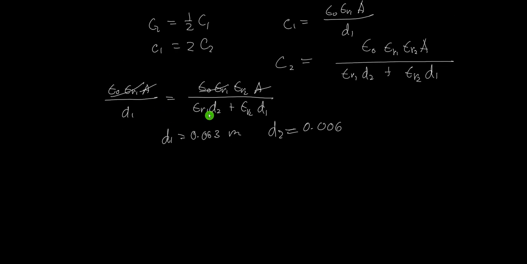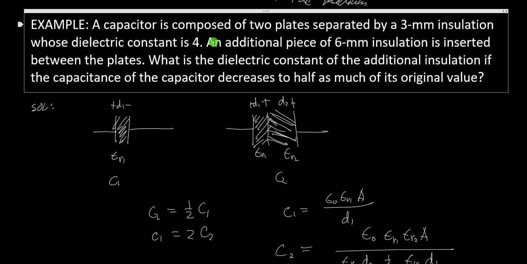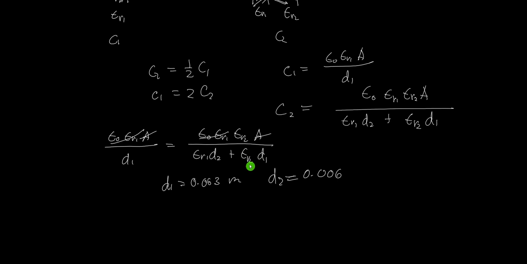Then epsilon R1 is equal to 4. The only unknown now in our equation will be epsilon R2. So we can now substitute that. We have 1 over D1, which is 0.003, equals epsilon R2 all over epsilon R1, which is 4, multiplied by D2, 0.006, plus epsilon R2 times D1, which is 0.003.